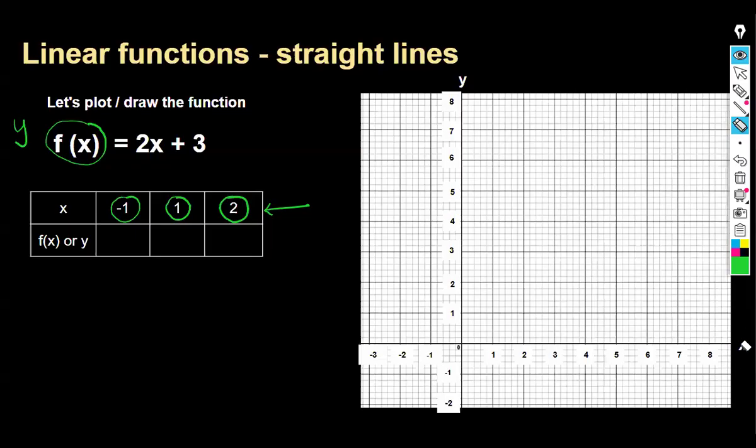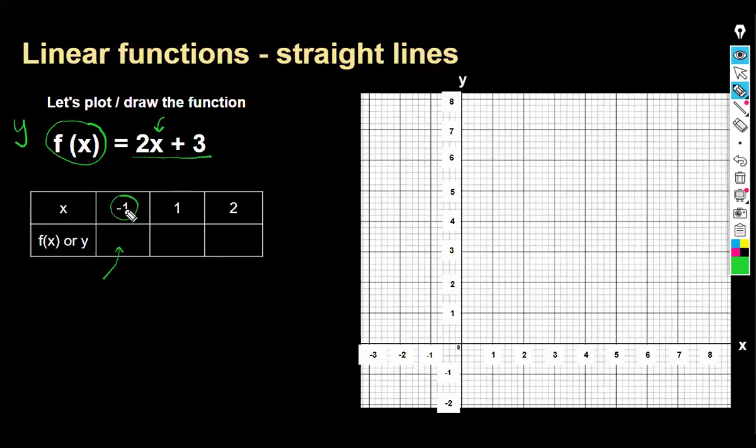Now, here's the thing. After you choose your x coordinates wisely, you need to calculate your y or fx coordinates. Let me show you how to calculate the first one. And once I show you the first one, it will make real sense. To calculate this y coordinate, better known as fx, all you have to do is go to the equation and replace x with the current value.